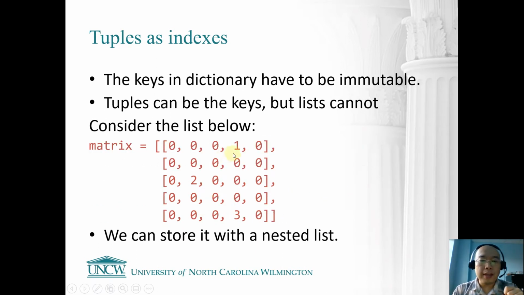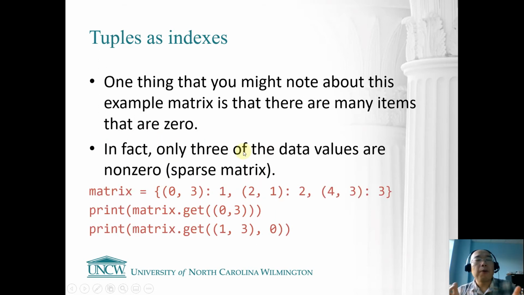To get this 1, that is index 0, which is the first row, and then index 3, which is the fourth item, right? So if we use square bracket 0 and then 3, we are able to get this value 1.